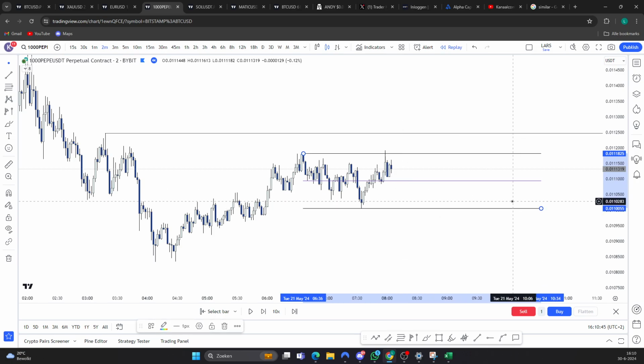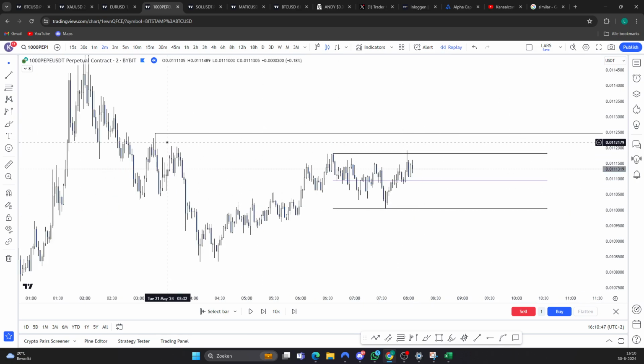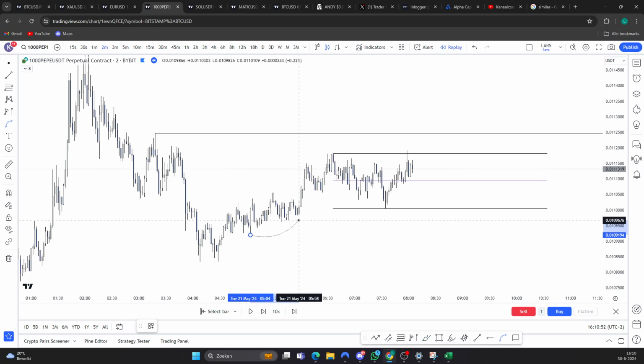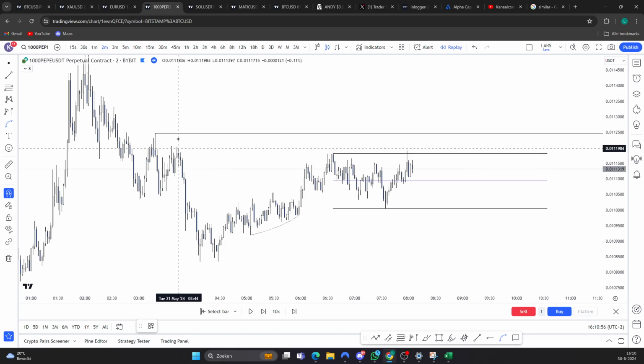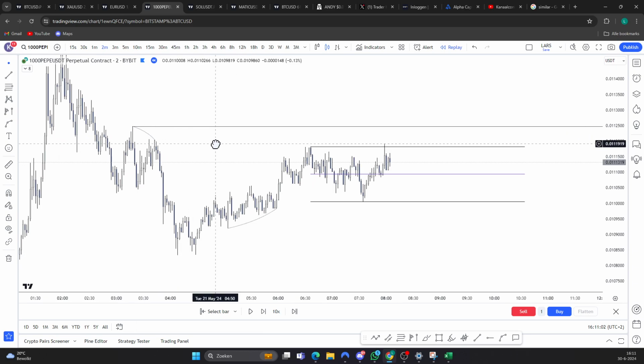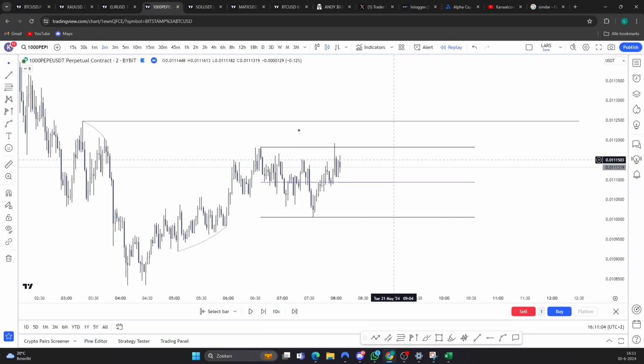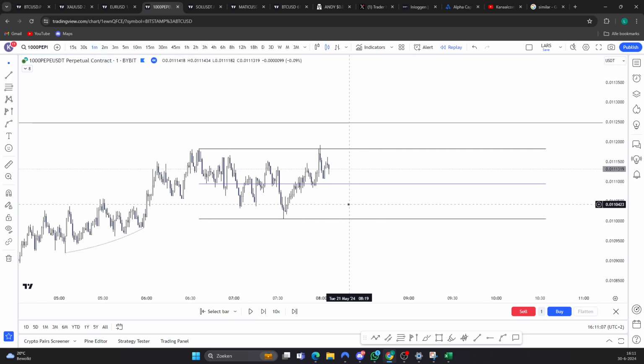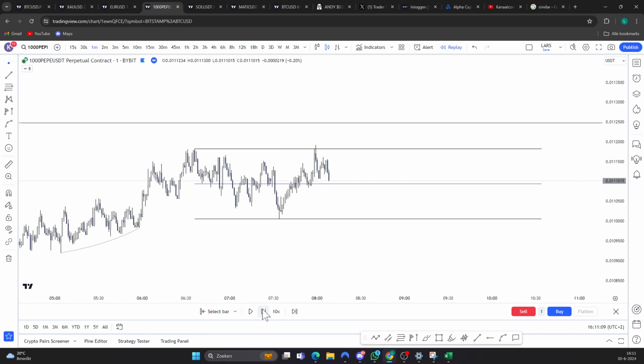On the 1 hour, we took that high. And we kind of have some liquidity below the range here, but we also have some liquidity above these highs. Let's see how this range develops and if it has a setup.